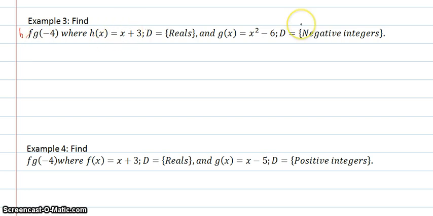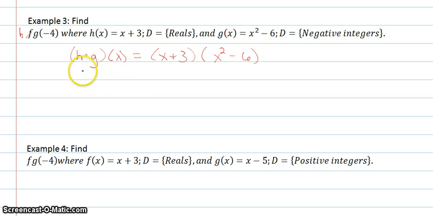But what we're going to be doing is multiplying those functions together and then putting in a negative 4, and the negative 4 does fit with both of their domains, reals and negative integers. So I'm going to have, sometimes it'll be written with a little o, h times g of x equals x plus 3 times x squared minus 6.